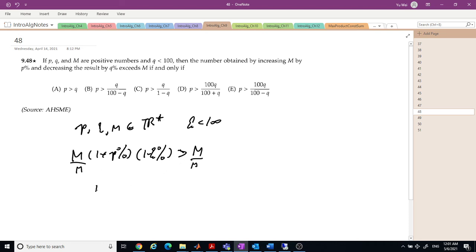We need 1 plus P/100, times 1 minus Q/100, greater than 1.